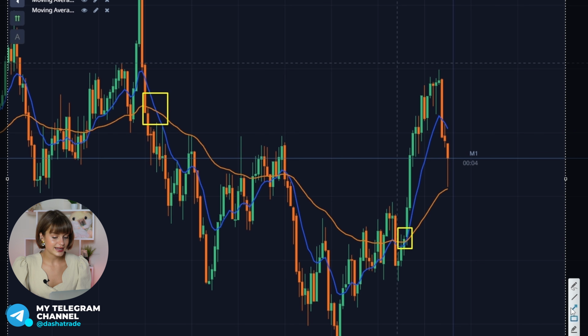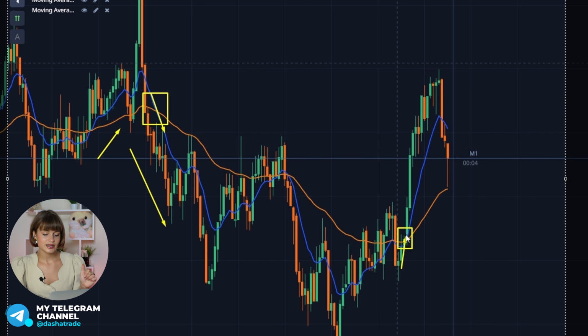If we see that the faster blue line crosses our orange line from top to bottom, this is a good signal for the trend's change from upward to downward. And if the faster blue line crosses the slower one from bottom to top, this is a signal for the increase. Of course, when opening positions, we will take into account confirming factors in the form of various levels and candlestick patterns.